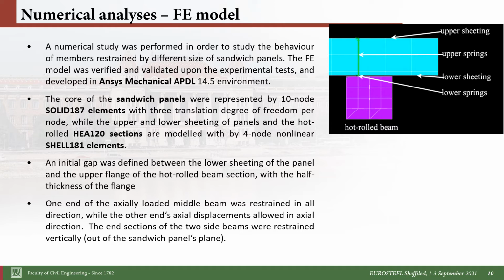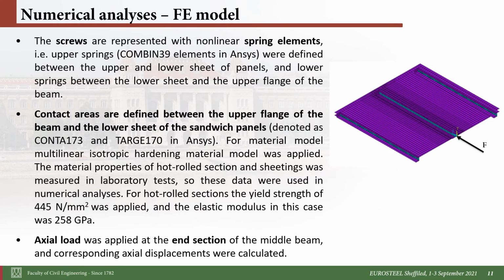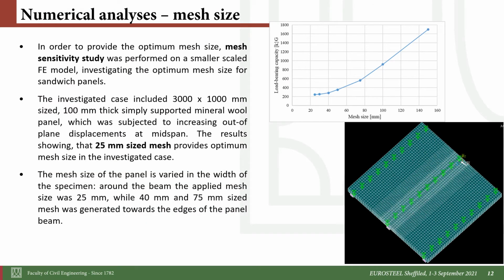We defined the gap between them, and we applied contact elements between the panels and the I section, and the screw was modeled with spring elements to be able to follow the behavior of the screws as well, and we applied the axial load the same way as we used in the experimental test.